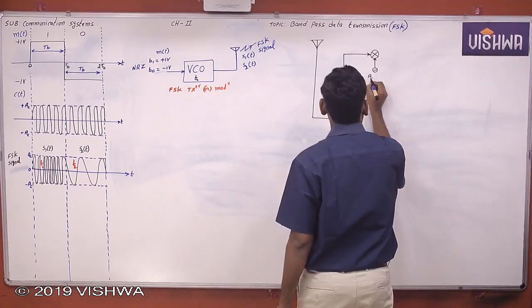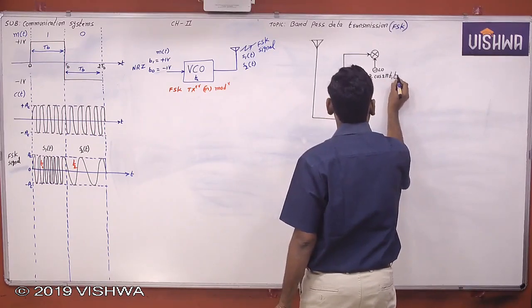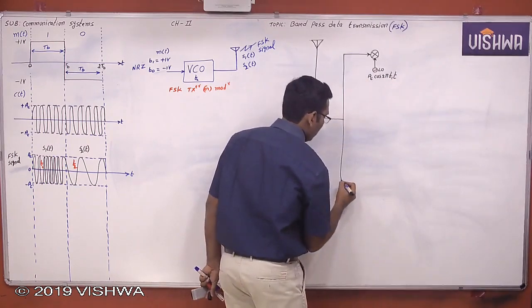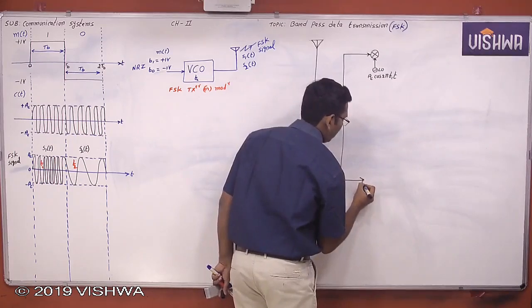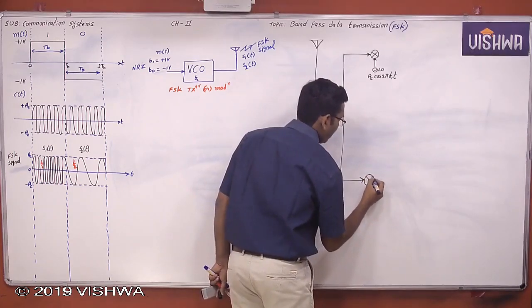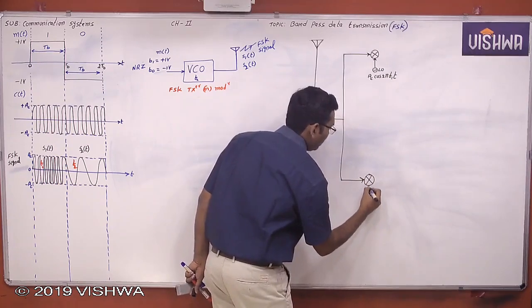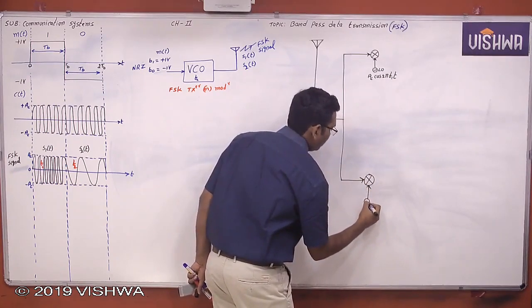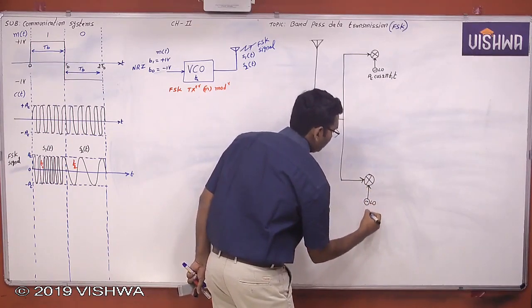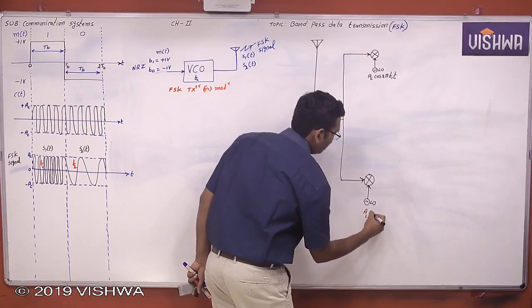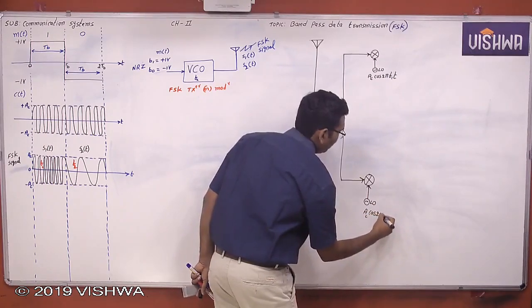Therefore this local oscillator will generate the F1 frequency, and this second local oscillator will generate the F2 frequency.